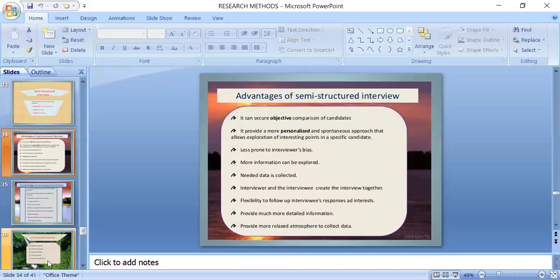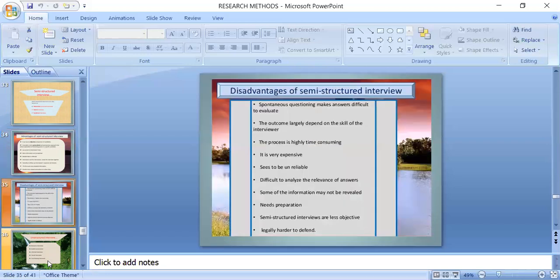Needed data is collected in this, and biases are less. A more flexible interview provides more detailed information, and provides a relaxed atmosphere without the anxiety and depression of an interviewee. So this is more reliable as compared to structured interview.